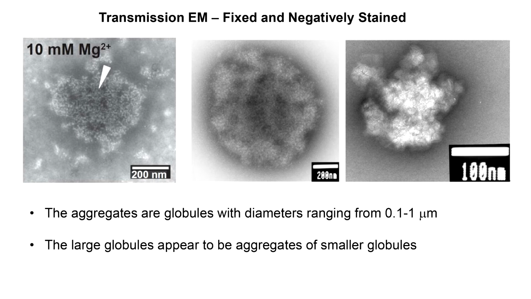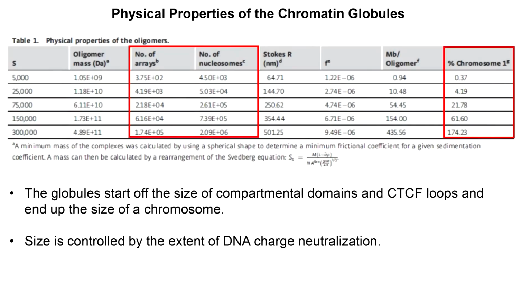Globules of globules. If you have a globular structure and you know the sedimentation coefficient, you can calculate all kinds of interesting biochemical parameters. Really, the only point I want to make right now is that these structures that form in vitro range in size from a fraction of a chromosome all the way up to an entire chromosome themselves.